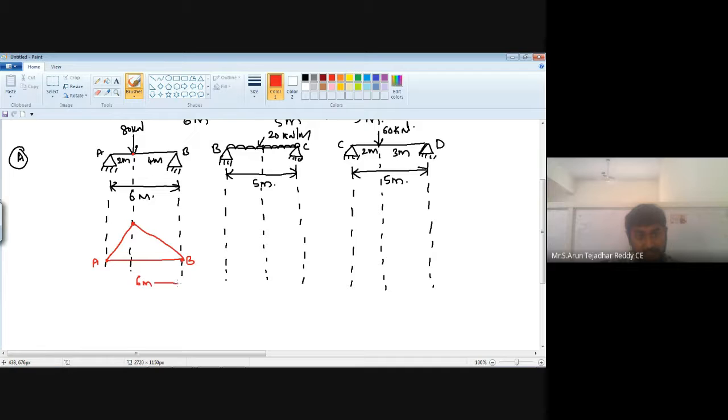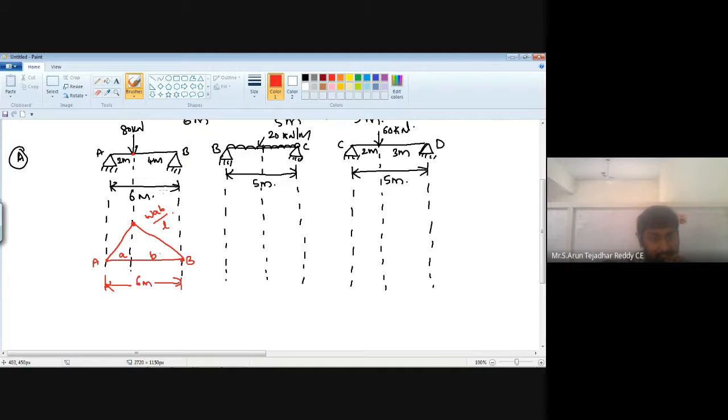Here it is 6 meter. What about this height here? That is W a b by L. Why W a b by L? Here it is A, here it is B. The main concept is that it is an unsymmetrical structure, so we get a and b.